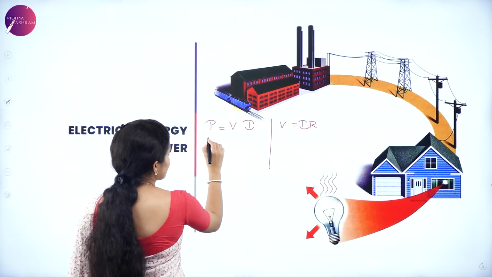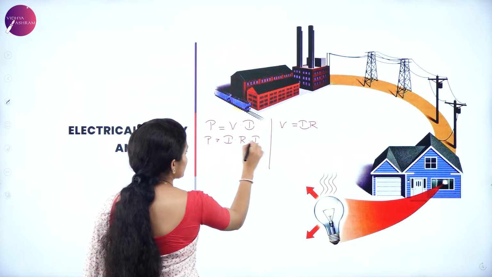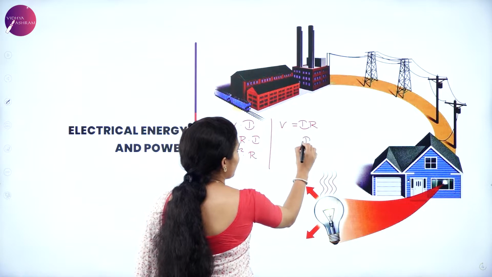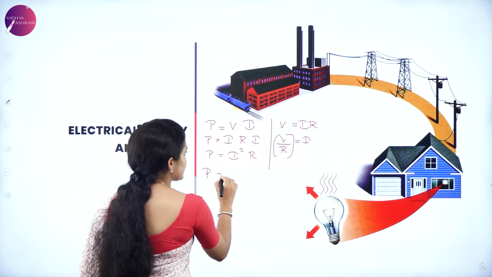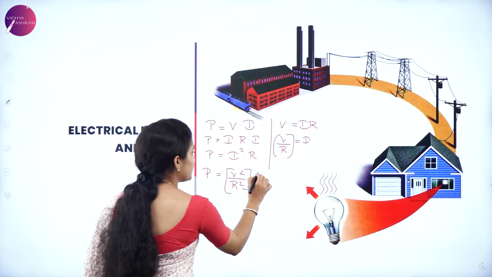So I can write P equal to I into R into I, which is P equal to I squared R. We also know that if you retain I there, it is V divided by R. So I can substitute for I, giving P equal to V squared divided by R squared into R.